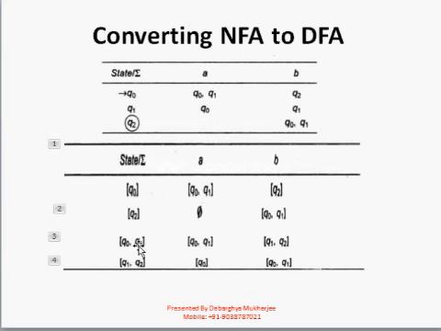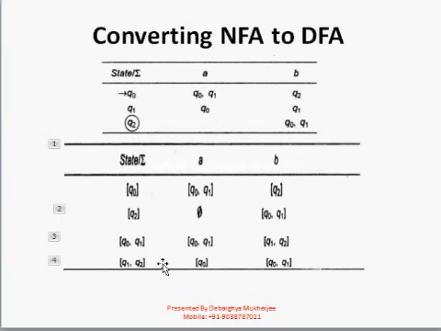So now we are making the rule for Q0, Q1. If we apply A over Q0, then we are getting Q0, Q1, so we wrote Q0, Q1. And if we apply A over Q1, then we are having Q0. So no new state appeared here, only Q0 and Q1.